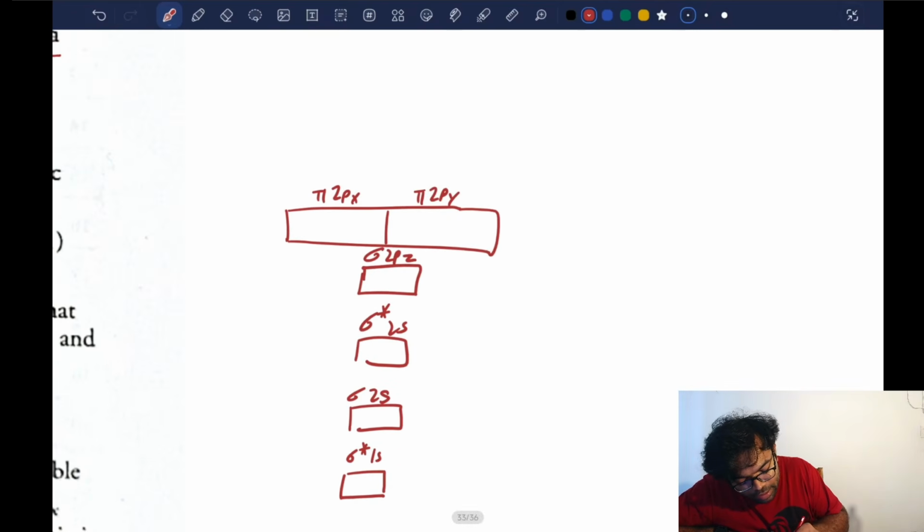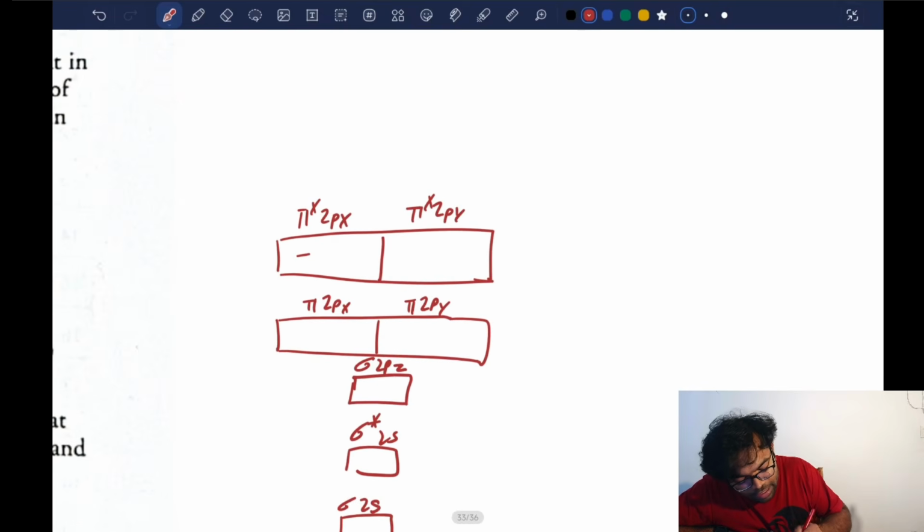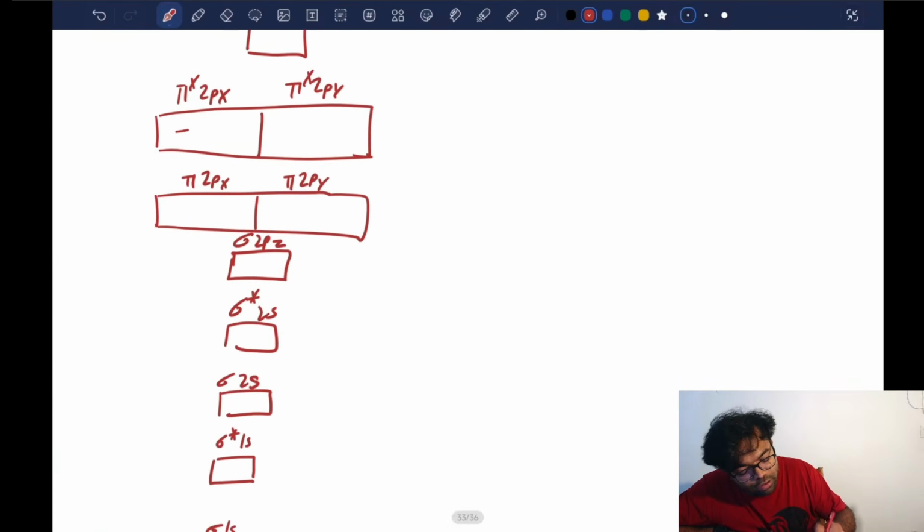Then you have the pi star 2px, pi star 2py, and then you have your sigma star 2pz. Okay, now what is the electronic configuration of oxygen?